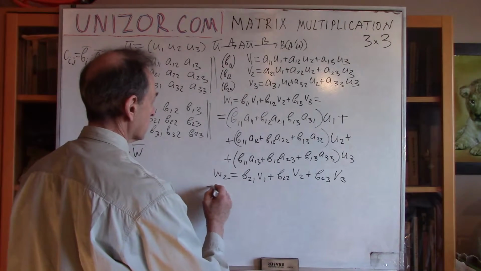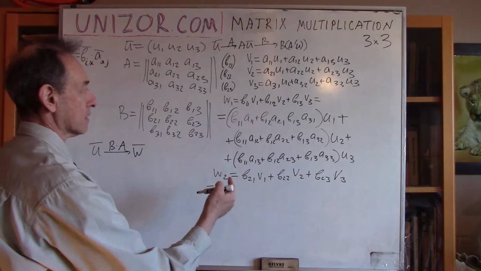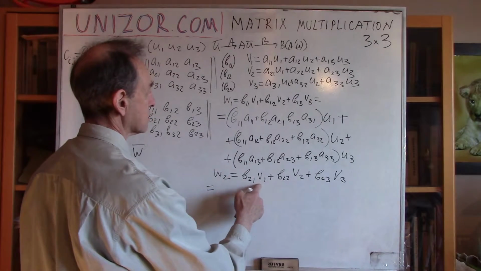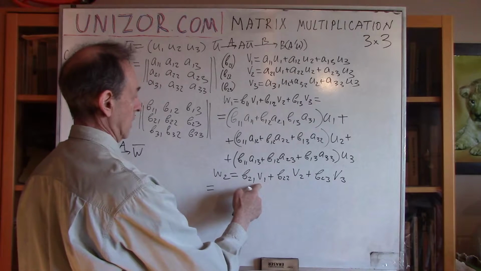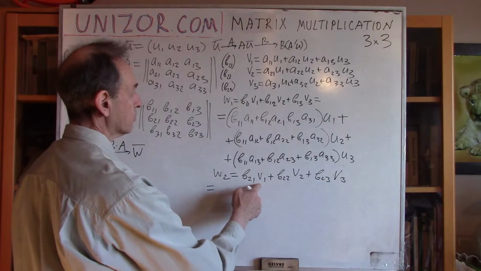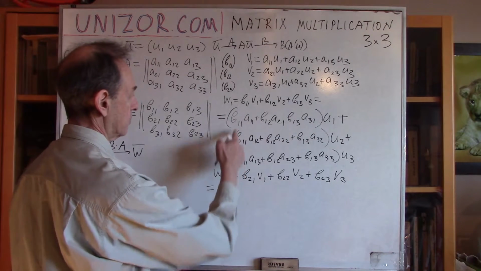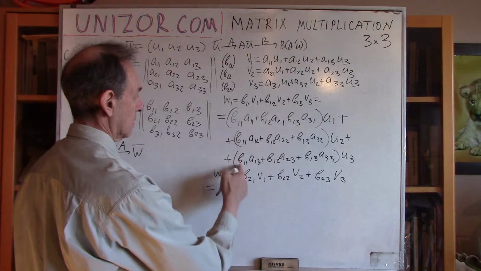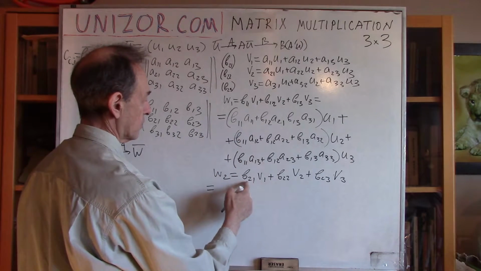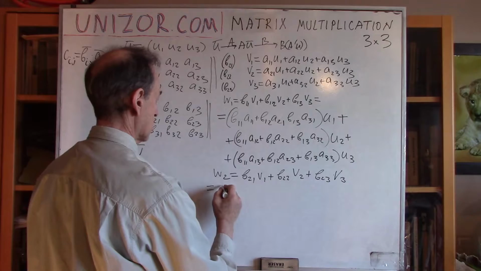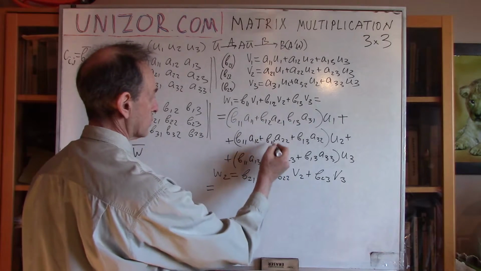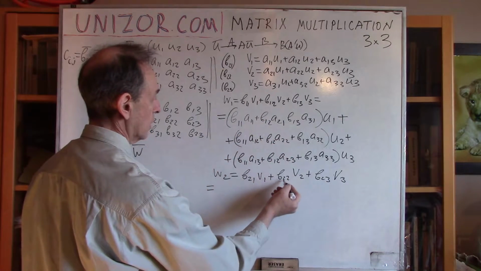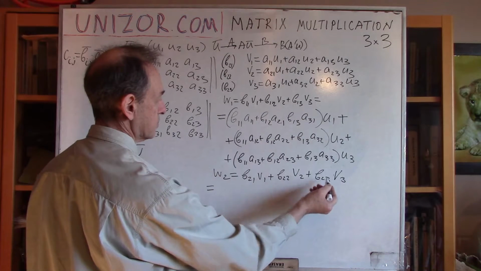Now, which is equal to, let's do exactly the same thing. Let's combine together everything with U1. Well, it would be very similar to this one, but I will just replace B11 here with B21, for instance, and similarly B12 with B22, and B13 with B23, right?